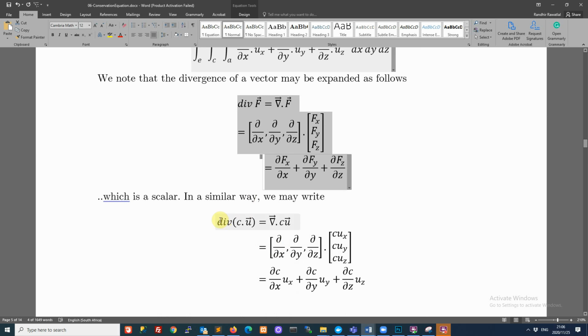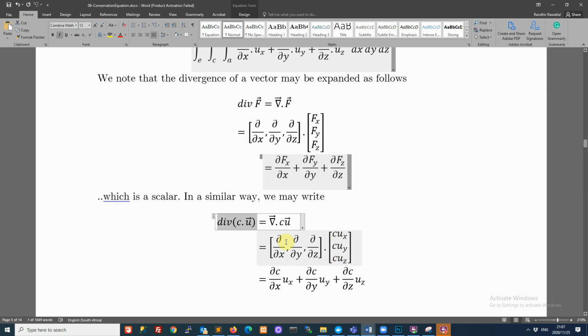Anyway, we recognize then that the divergence of c u, where c is a scalar and u is a vector, that's the same as del dot cu. And so del is the operation in each dimension like this, and u is the vector ux, uy, uz, all multiplied by the scalar c.